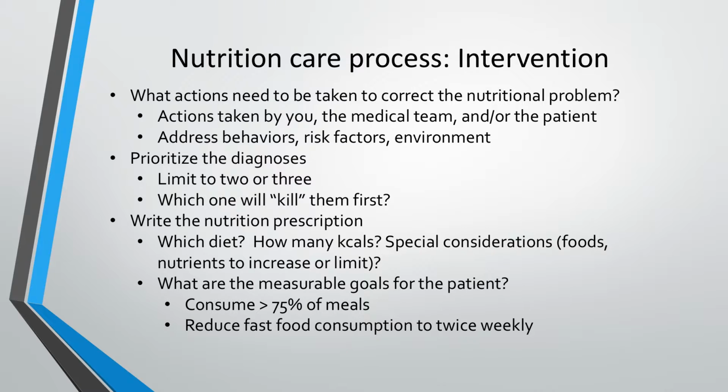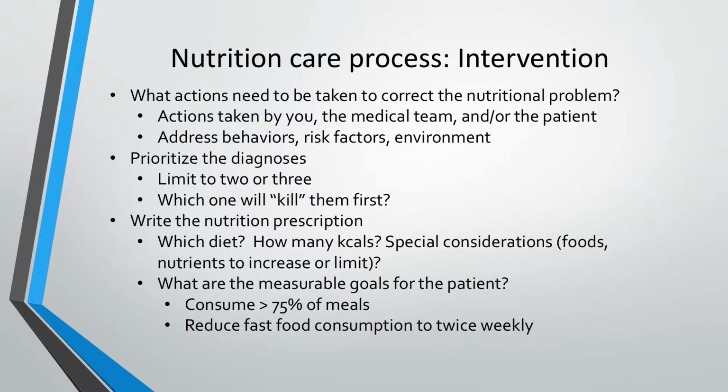But what you want to do is pick 2 or 3 diagnoses that are the most important, and sometimes maybe there's only one, but 2 or 3 that will really help you maximize your effort. And I always try to think of which one of their nutritional problems may kill them first and start with that one. So what's the most important one that you want to address?